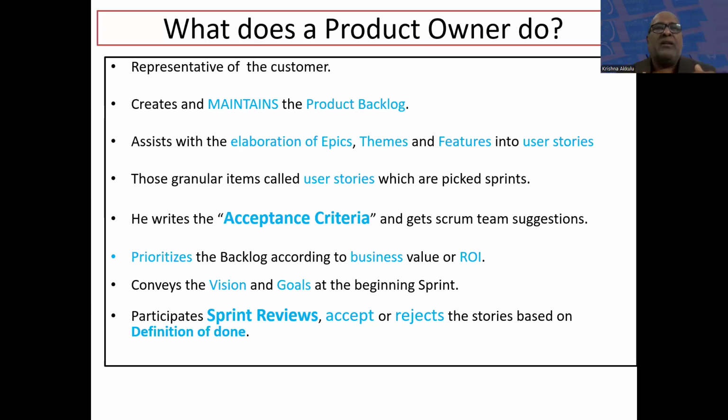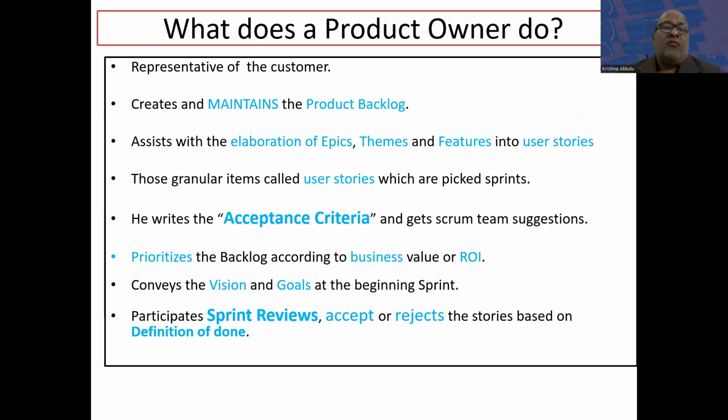If we split an epic into two or three, and there are still big items, they are called themes or features. If you split further, down to a granular level, they are called user stories.